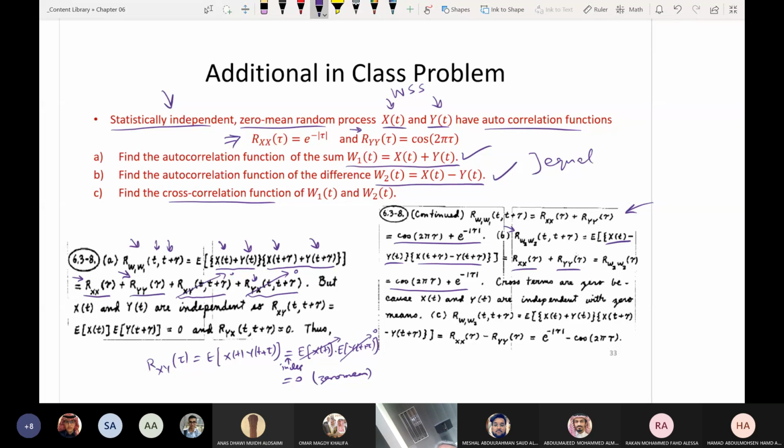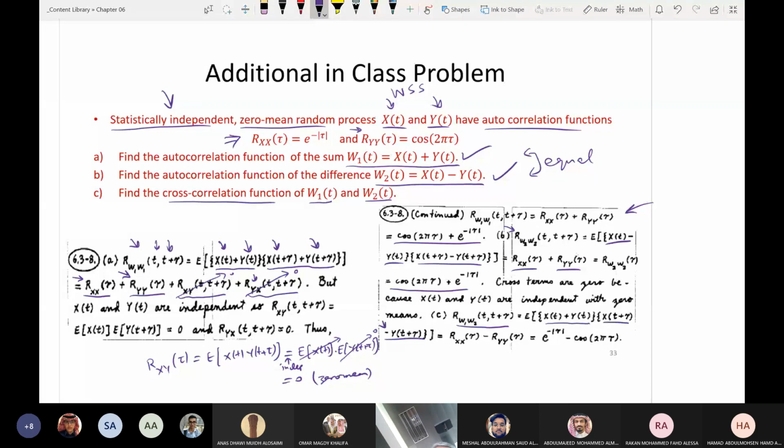Now, the last thing we are interested in is the cross correlation function of the sum signal and the difference signal, RW1W2 at t and t plus tau, which is the expected value of x of t plus y of t multiplied by x of t plus tau minus y of t plus tau, the difference signal.